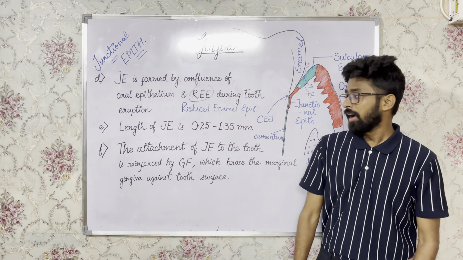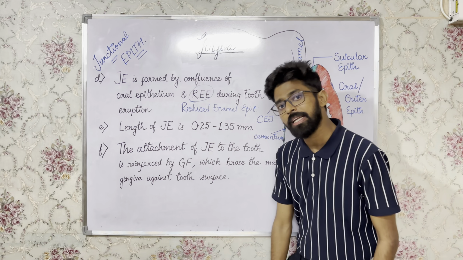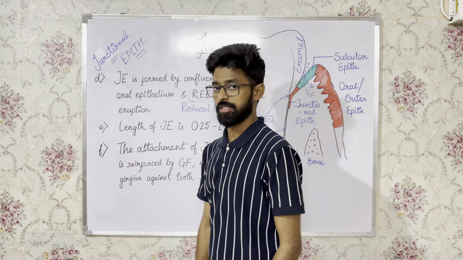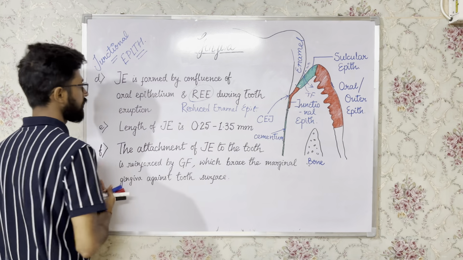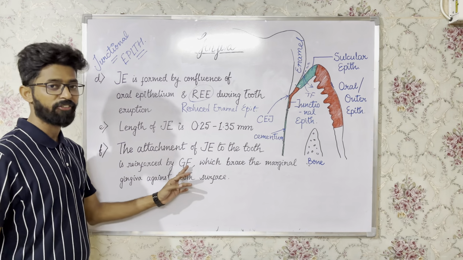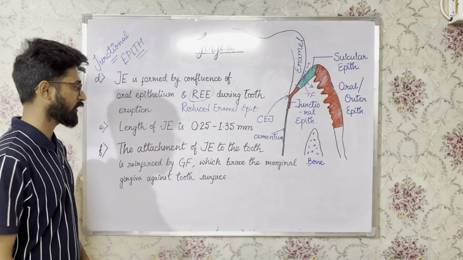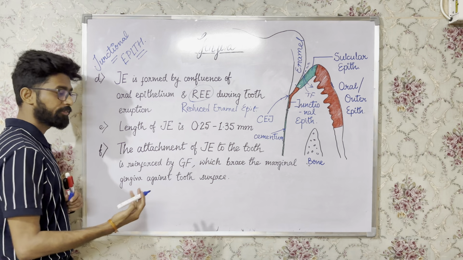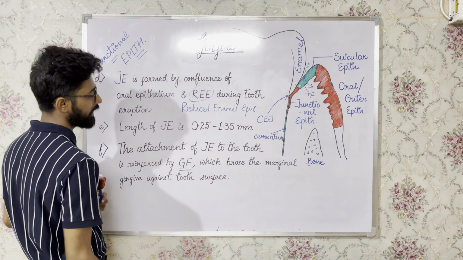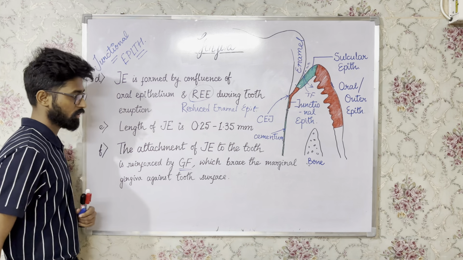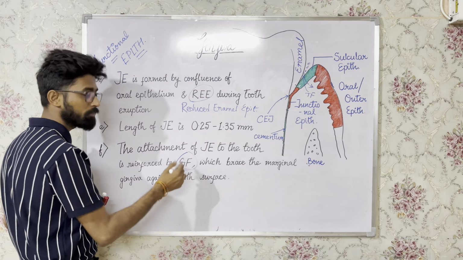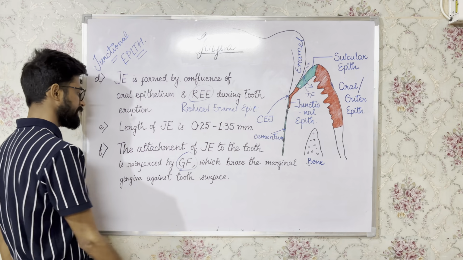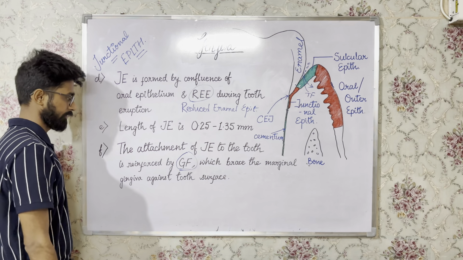Next point is the attachment of the junctional epithelium to the tooth is reinforced, meaning re-strengthened, by gingival fibers. What are gingival fibers? We will come to it in a later part. They brace the marginal gingiva against the tooth surface.